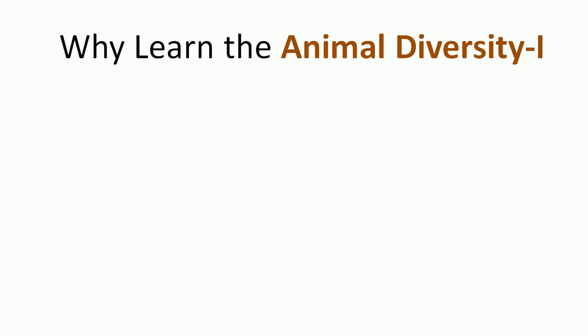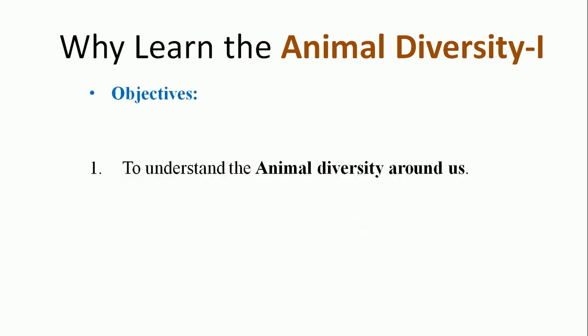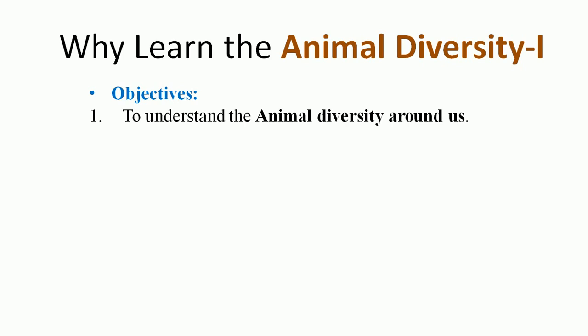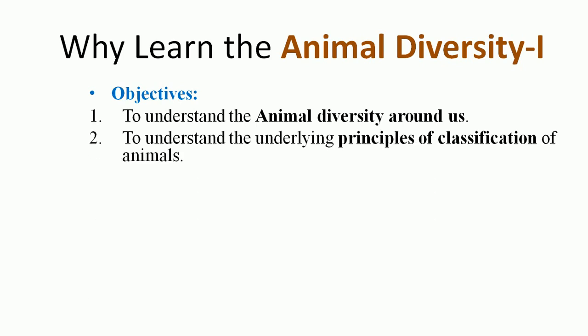First, we need to clarify why we learn animal diversity first. These are a few objectives of the learning phase. First, to understand the animal diversity around us. Around us we see many smaller animals, and we need to understand this diversity. Second, to understand the underlying principles of classification of different animals.